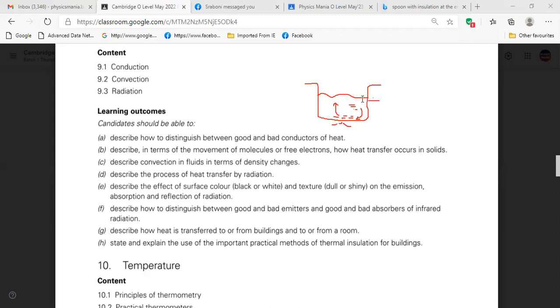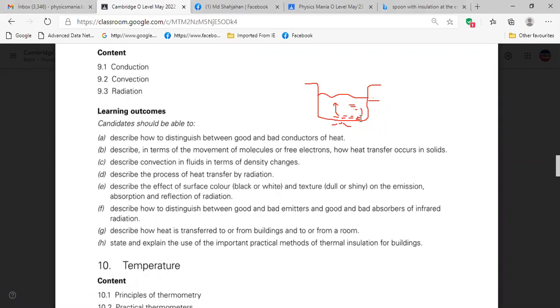Like you are giving heat here. We know one thing that hot things are lighter, right? So the lighter things will stay up, and the cold things are denser, they will stay down. So there will be no circulation process.